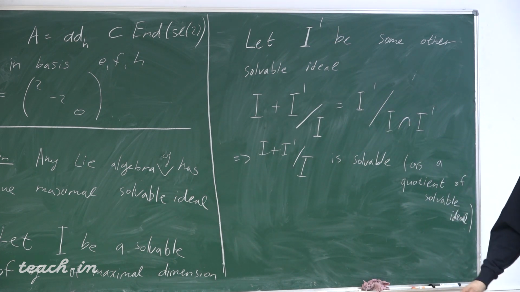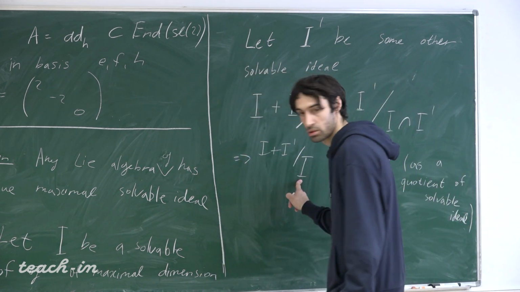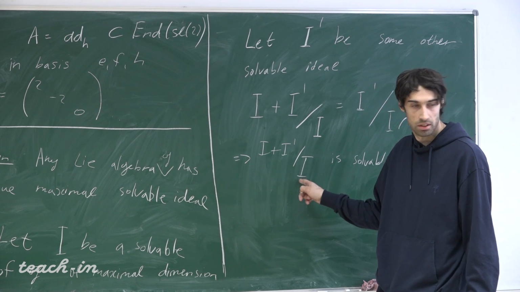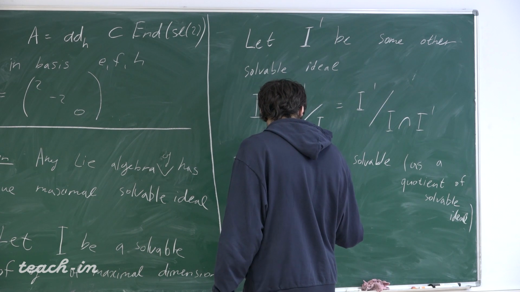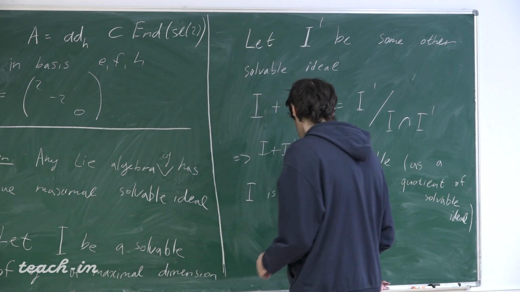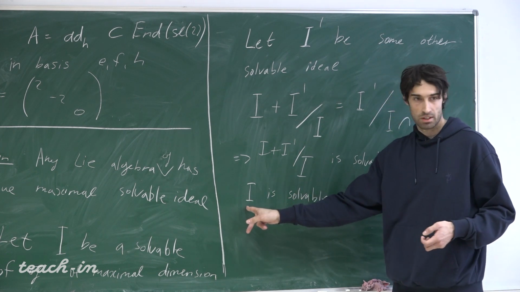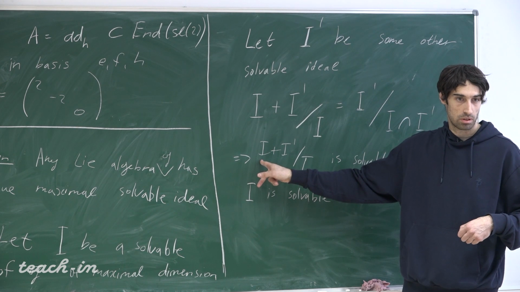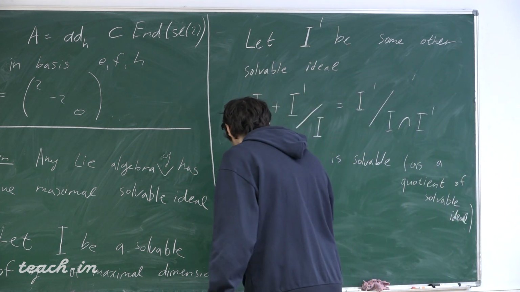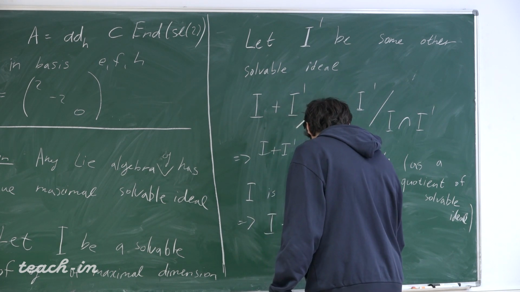I think last time we proved that the quotient of solvable is solvable. And on the other hand, I is also solvable, right? But we had the statement that if the quotient is solvable and what we quotient by is solvable, then the whole thing is solvable too, right? So therefore, I plus I prime is solvable.